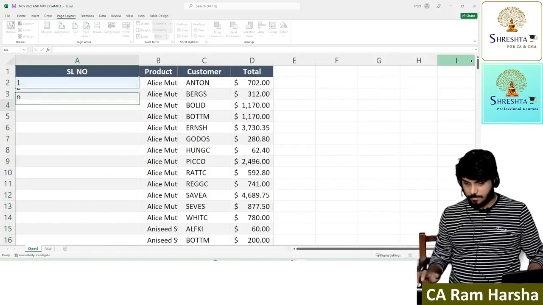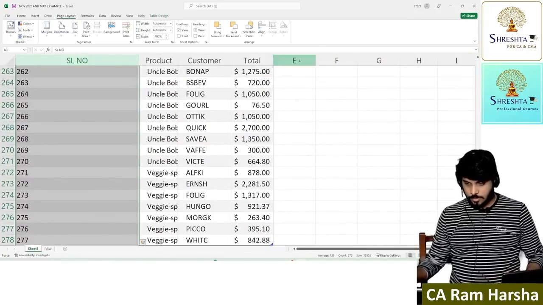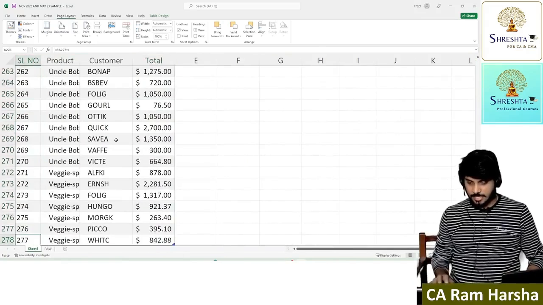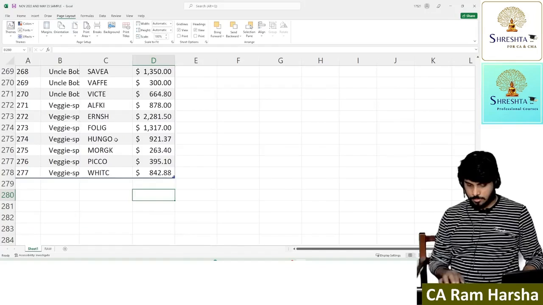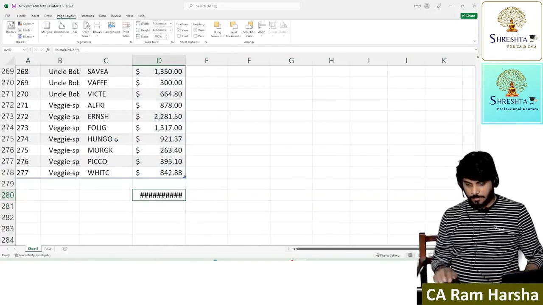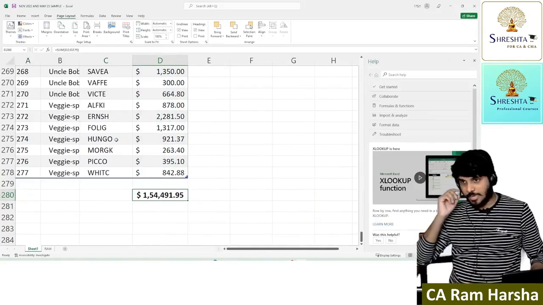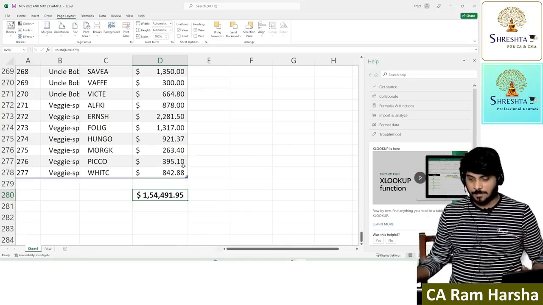And what is the total transaction value? 1,54,491. So this is the population. Correct?